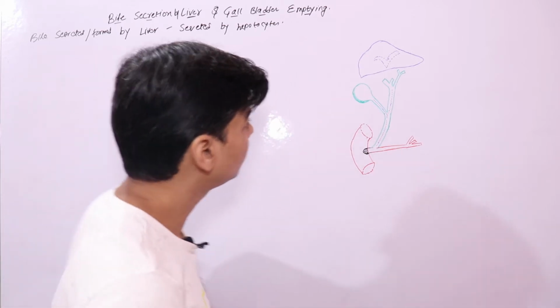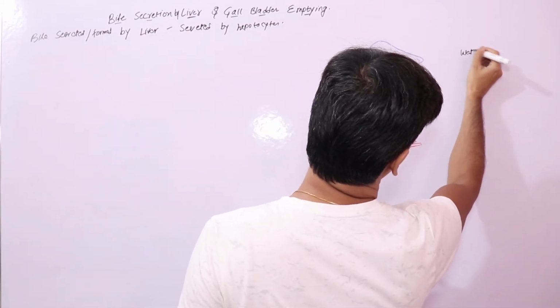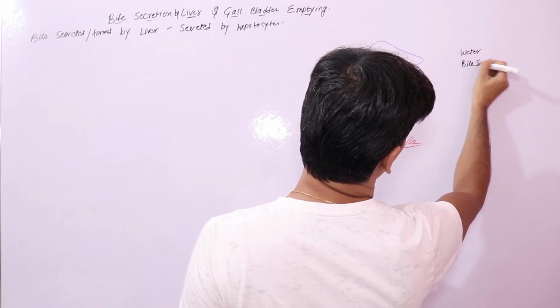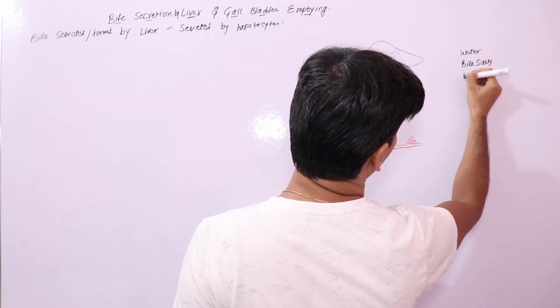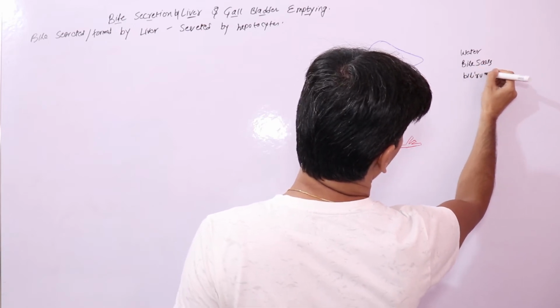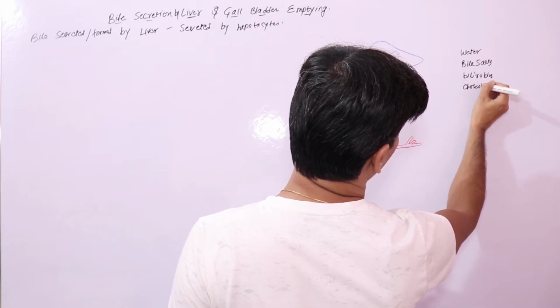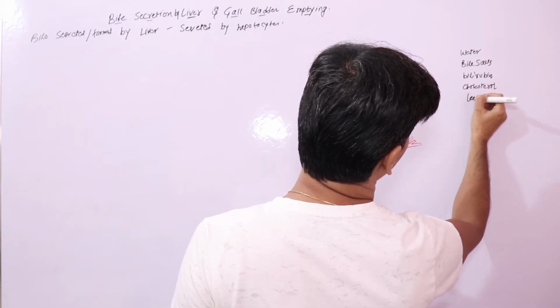First of all, bile contains water, bile salts, bilirubin, cholesterol, and lecithin.